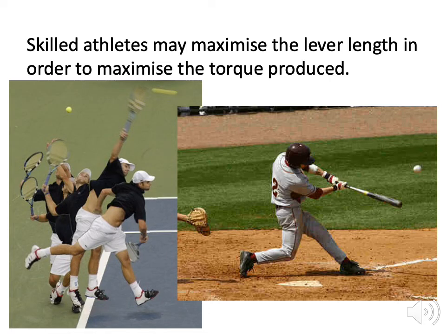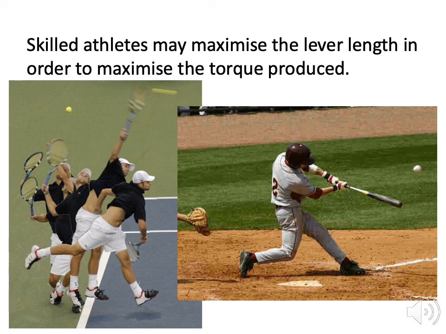In sport, really skilled athletes will maximize lever length in order to maximize the amount of torque produced, torque being rotational force. We'll come back to that in a week or so. So, for example, the two pictures on screen show situations in which we're striking the ball. The ball being the resistance that is to be moved.